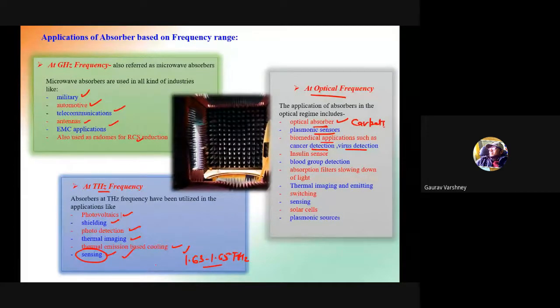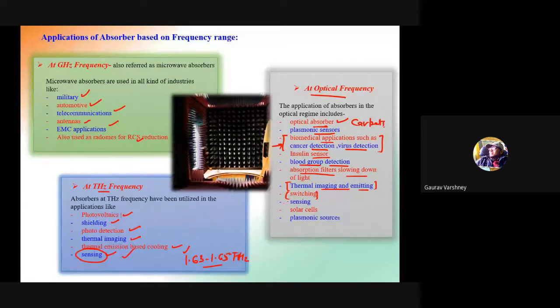Infections, tissues, viruses, and bacteria also have resonating frequencies in the optical spectrum. So we can also implement optical devices, illusion sensors, insulin sensors, blood group detection, absorption filters, and thermal imaging and emitting.